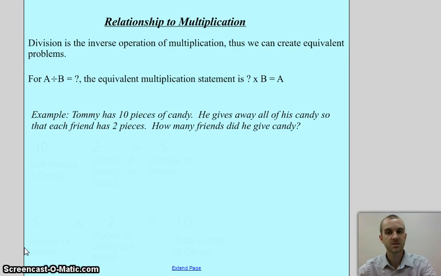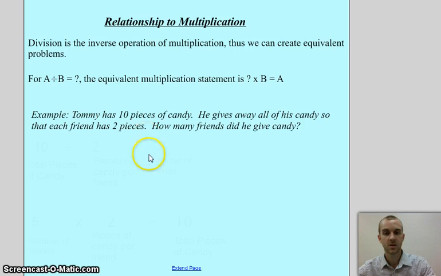Now when we relate these to multiplication, we know that division is the inverse operation of multiplication, so we can write an equivalent statement for each. If we have A divided by B equals some value, we know that that value times B will equal A. So say we have Tommy has 10 pieces of candy. He gives all of it away so each friend has 2 pieces. How many friends did he give candy to?